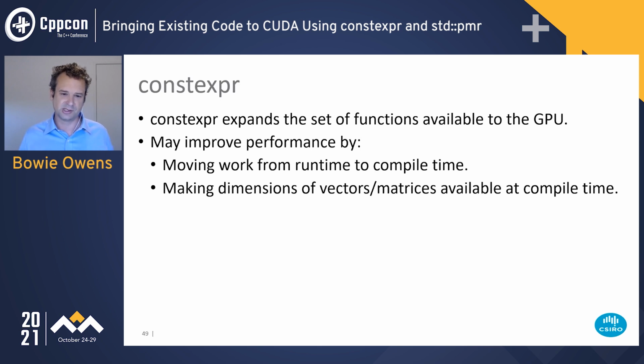Two possibilities include moving work that you are doing at runtime to compile time. And the other thing, in our experience, I didn't see as much benefit from this, but one thing that we see more opportunities for in our code is that the calculations that construct the dimensions of vectors and matrices may be moved to compile time. So things that had a runtime dimension can have their dimension known at compile time. So I'd like to do more work with that.